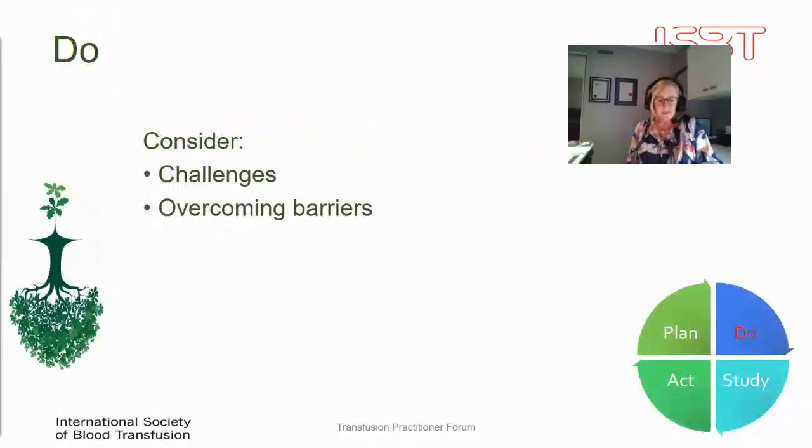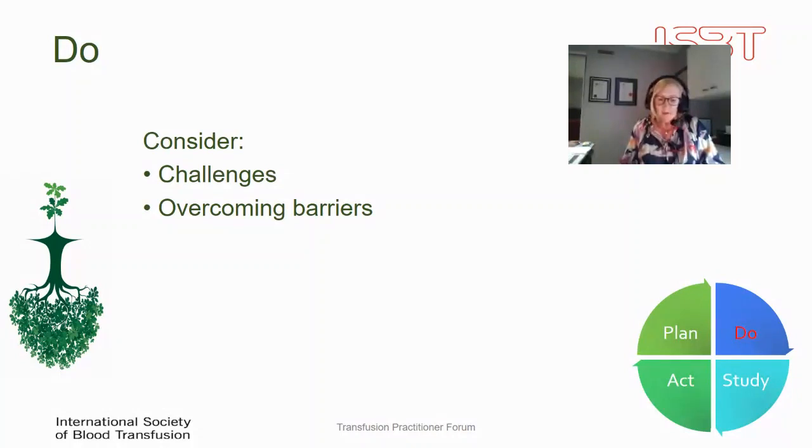So the doing. The next part of the PDSA cycle is we need to be able to collect the data. So we need to consider the challenges and how we might overcome that. So the challenges would include accessing the test results. Do you have multiple pathologies? Is the data kept outside of the organisation? Are there lots of different IT systems that you have to access?